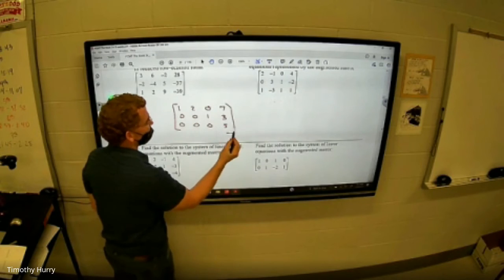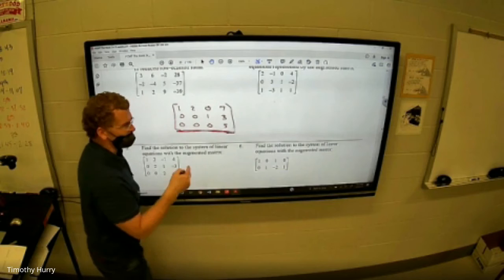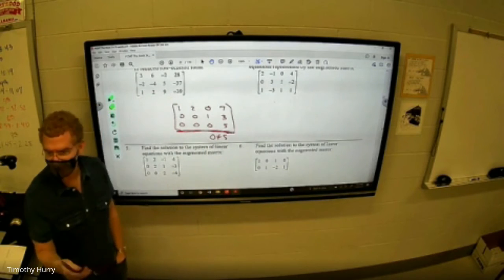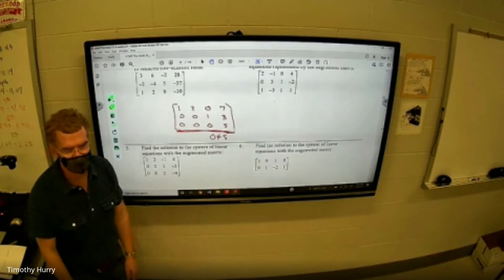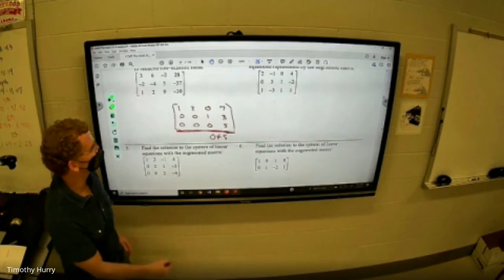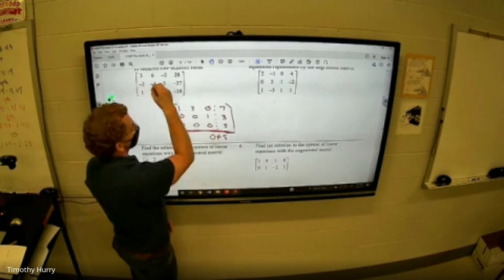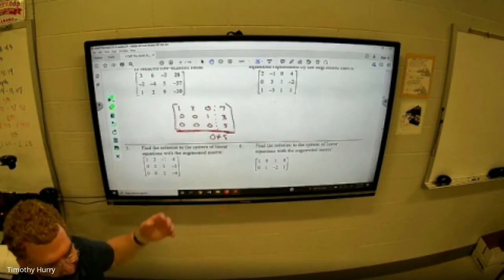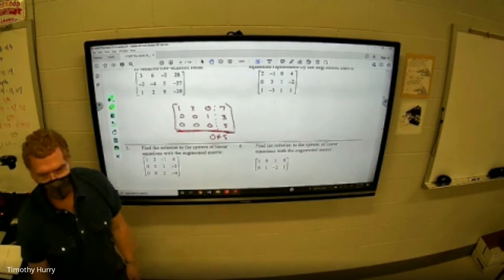What does that mean? That 0 equals 5? Well, that doesn't make sense. So this is easy. It's no solution. You don't have to do back substitution or anything on those. That's just where the three planes that were represented by these just happen to never intersect, like the ceiling, the floor, and the wall. They're not going to intersect if they were planes.